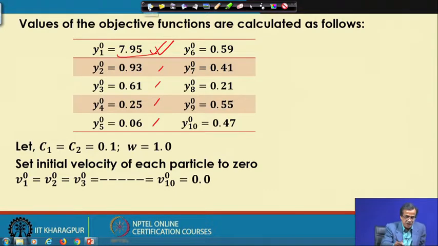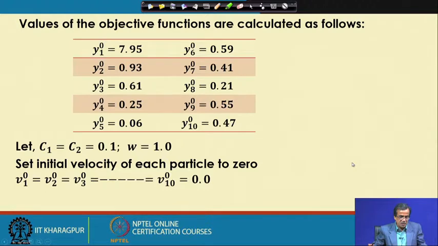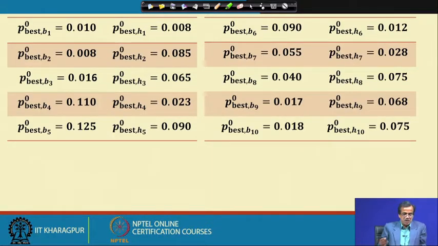So, I can find out what should be the combination of the design variables. Now, the combination of the design variables which is going to give the highest value, or the maximum value, of the objective function is nothing but this.